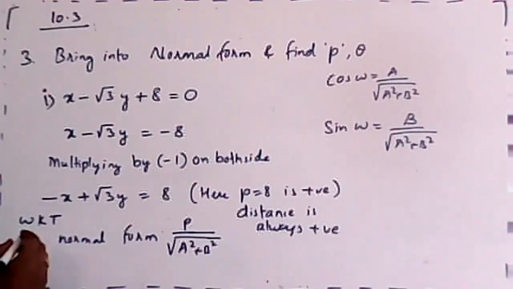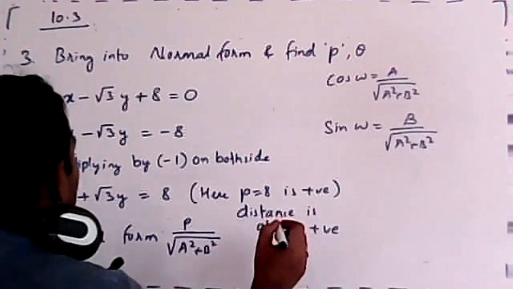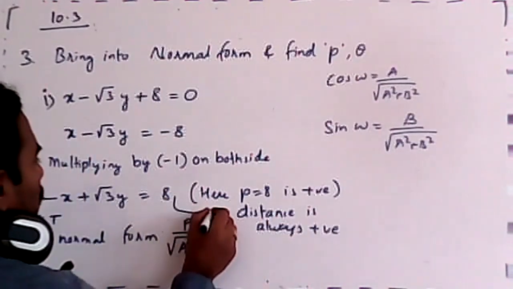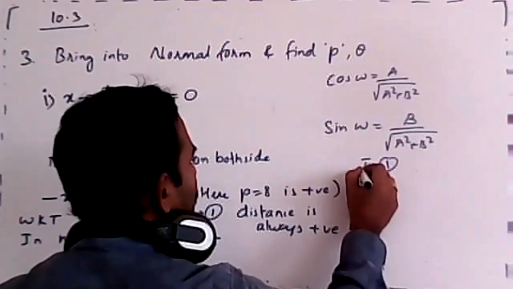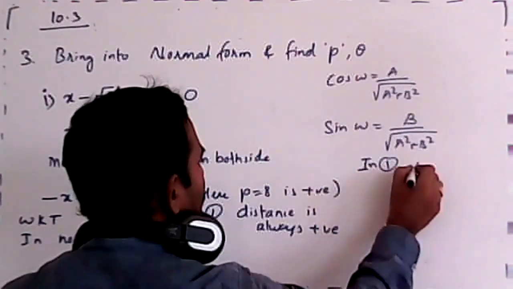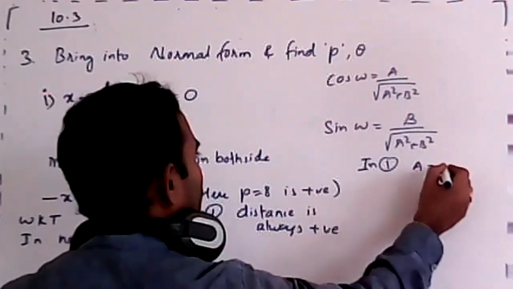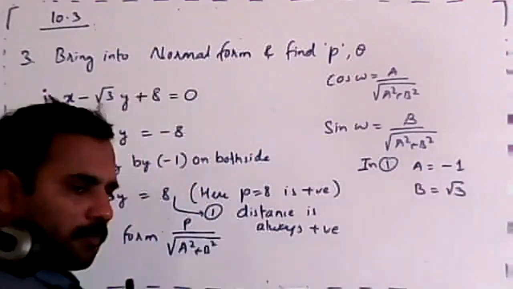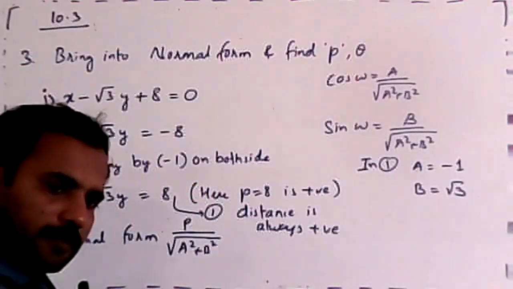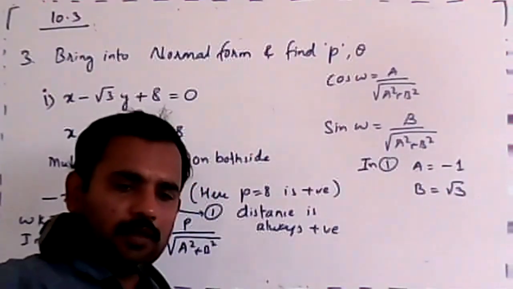So then, A is equal to how much? Minus 1. B is equal to root 3. Clear?